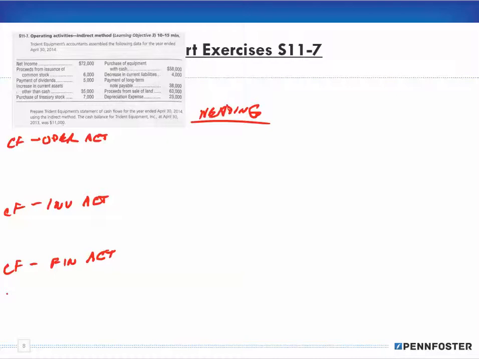And then we have our net. I'm going to end up needing space here, so I'm going to move this up. Cash flows for our financing activity. And then we have our net increase in cash in this case here. This could be a decrease in cash depending upon the information that you have.